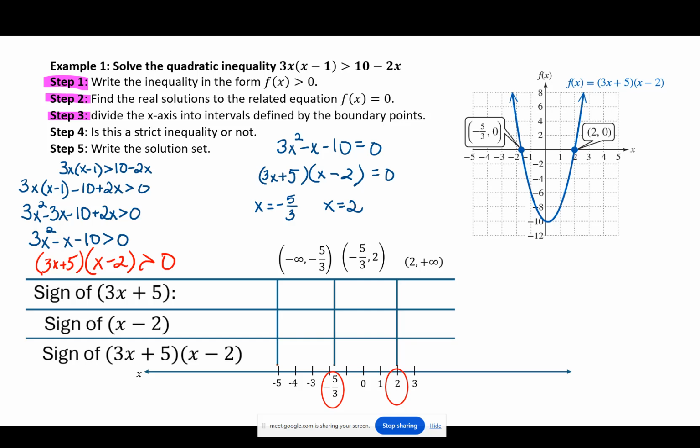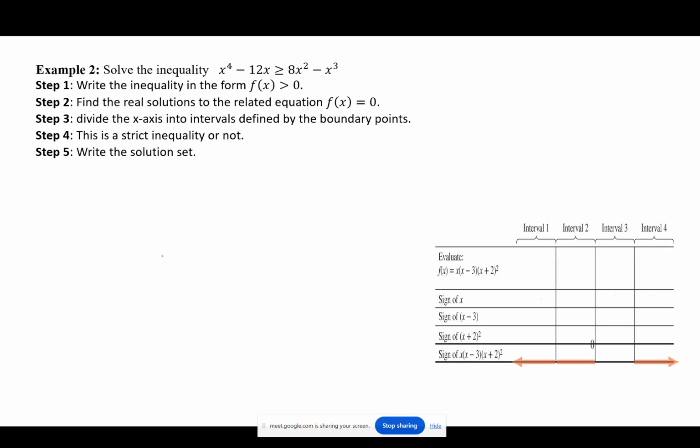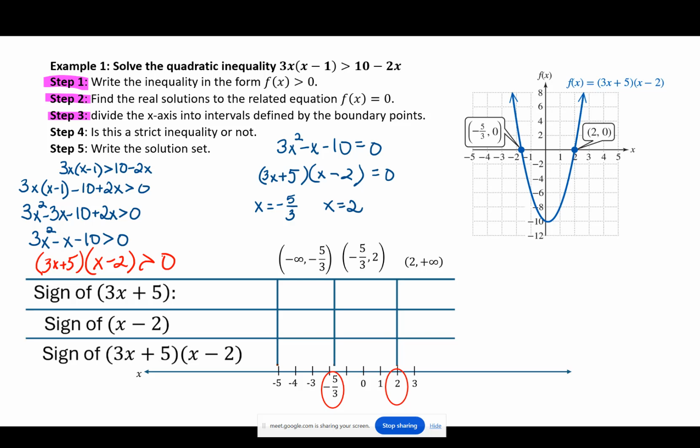All right, so from -infinity to -5/3, that is over here. I'm going to try a value of x that's easy. So I'm going to try -3.